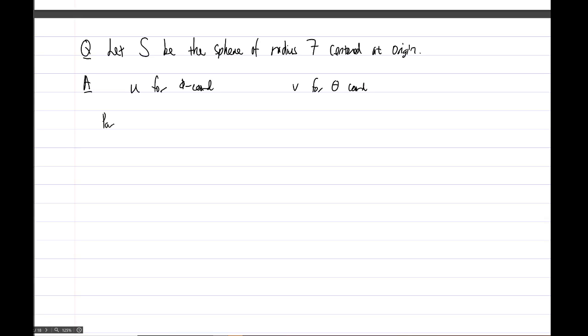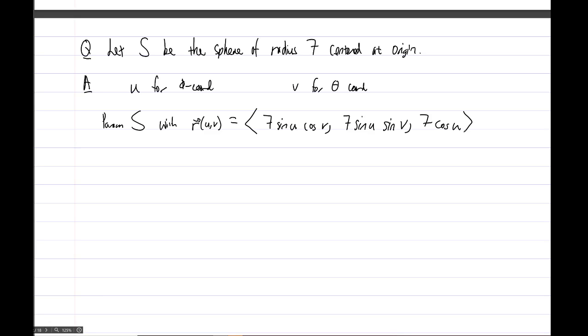Then we can parameterize S with the following vector function. r of u comma v is equal to the vector 7 sine u cosine v, comma 7 sine u sine v, comma 7 cosine u.